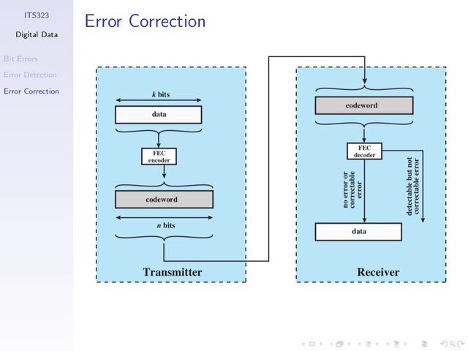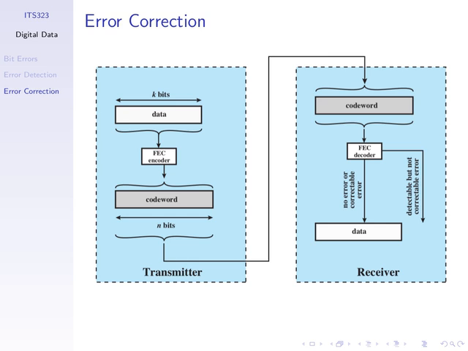We transmit that code word, where the code word is n bits in length. Transmit that. There may be bit errors. We receive some code word, use the decoder, and the output of the decoder is either the data received has no errors. That's the first output.